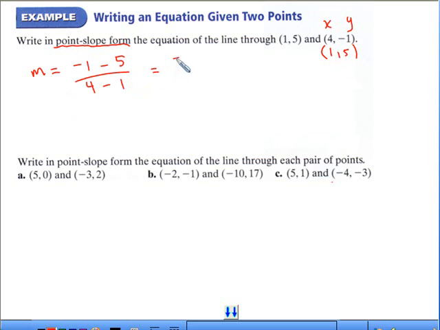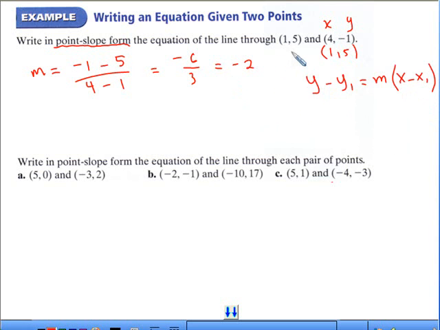And what do we get? Negative 6 over 3, which equals negative 2. So we know what m is now. M is negative 2. Once we know m, we could plug it in point slope. Now for point slope, you can use either one of these points. Remember point slope: y minus y1 is equal to m times the quantity x minus x sub 1.